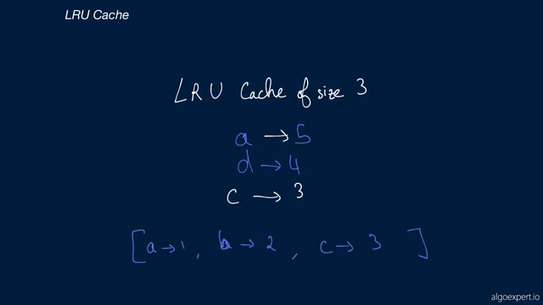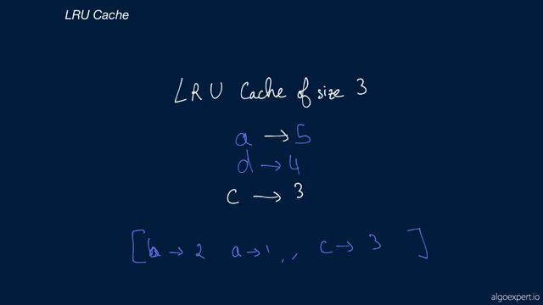Let's say that we wanted to access B mapping to 2 here, and then make B2 the most recently used key value pair. We would have to grab it, move it all the way to the front of the array, and then shift every other key value pair one position to the right. That would be an O(n) operation, right?